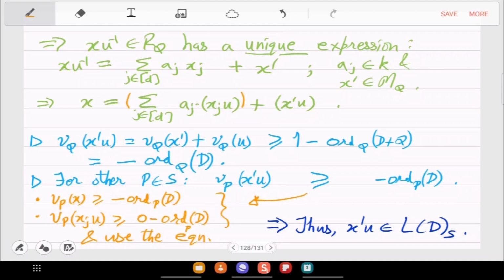Yeah, so the zeros of this x prime u function are not any worse than minus d. And so that is good. The error term coming from the maximal ideal actually maps into the L D sheaf, which anyways we wanted to do mod, right? So this is going in the correct direction.